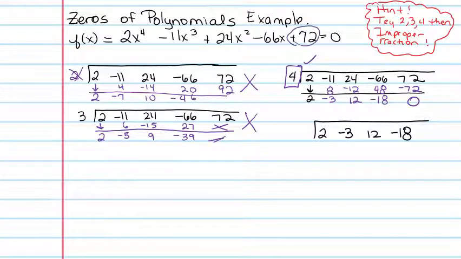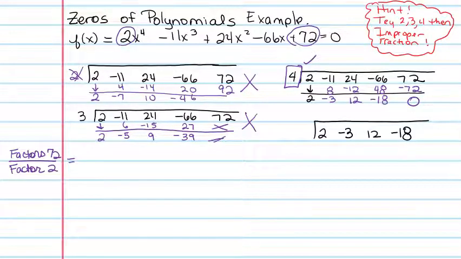Looking at the last number and the first number, we get our guesses, our possibilities of numbers that we can guess. Using those two numbers, the possibilities are the factors of 72 over the factors of 2.